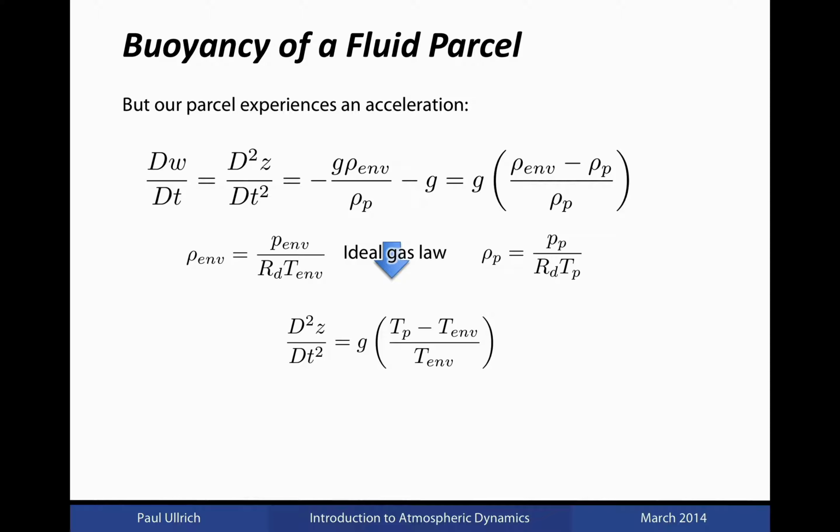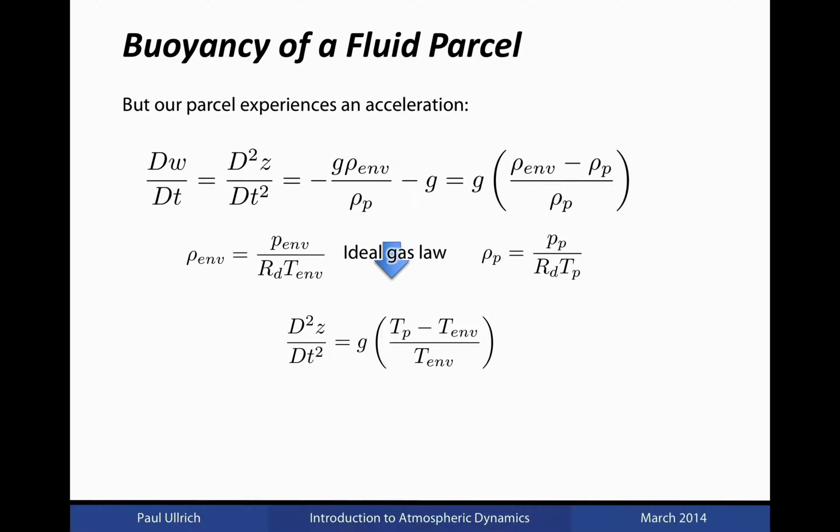In doing so, we then have an expanded expression for the acceleration experienced by the fluid parcel written in terms of the difference between the density of the environment and the density of the fluid parcel. In particular, the change in vertical velocity following the fluid parcel is given by g times the density of the environment minus the density of the fluid parcel, all divided by the density of the fluid parcel.